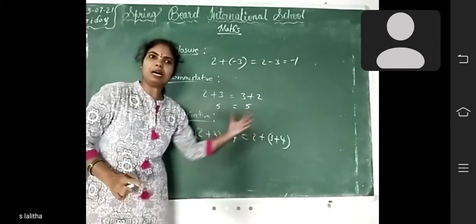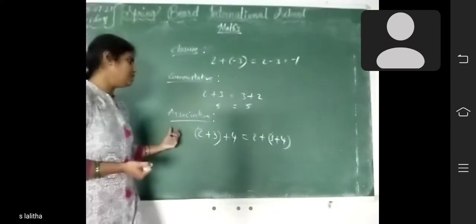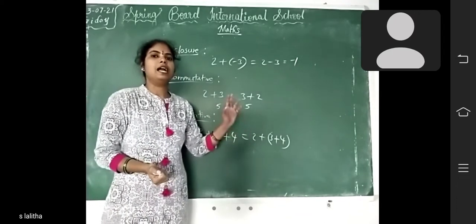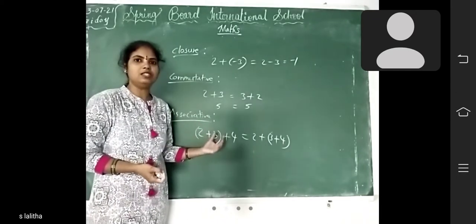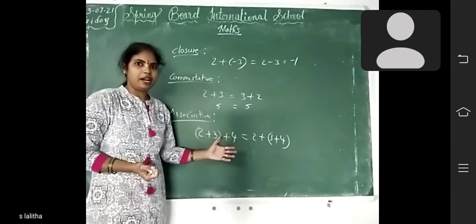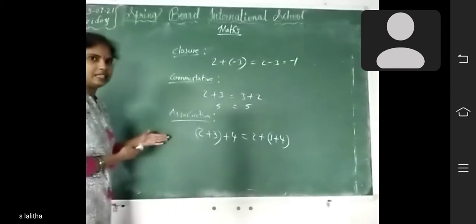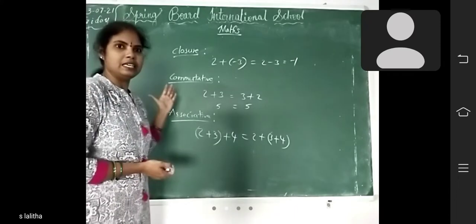We will get the same answer. That is called the associative property. Okay children, the associative property is satisfied under addition and multiplication only. It is not satisfied under subtraction and division. Did you understand that? Already we learned the example in exercise 1.3, 6th sum.